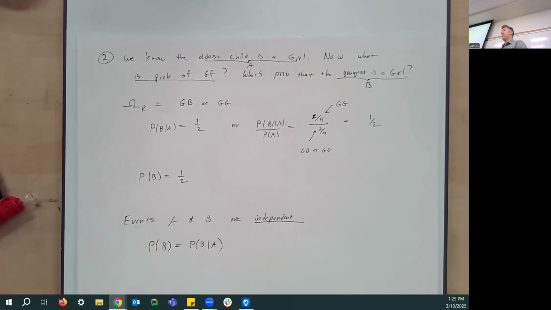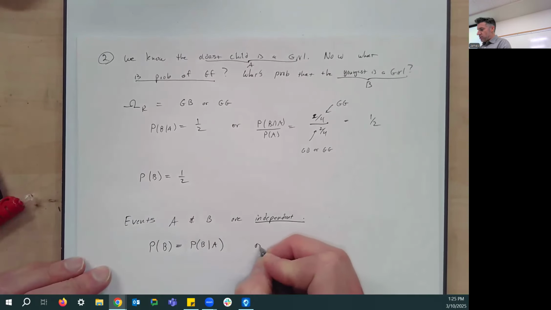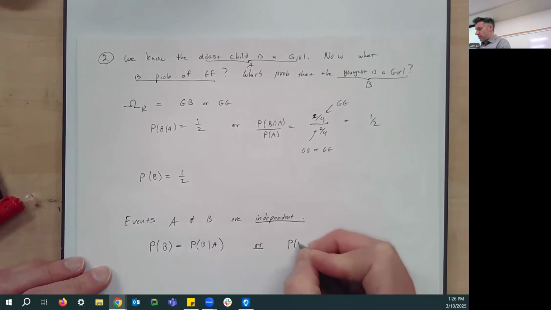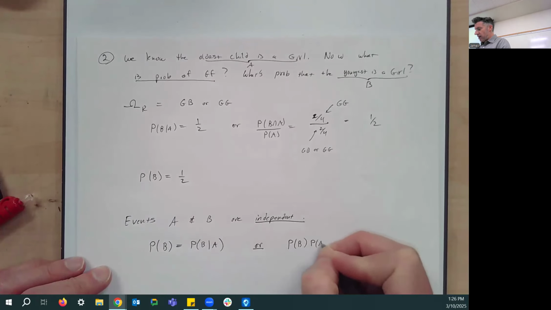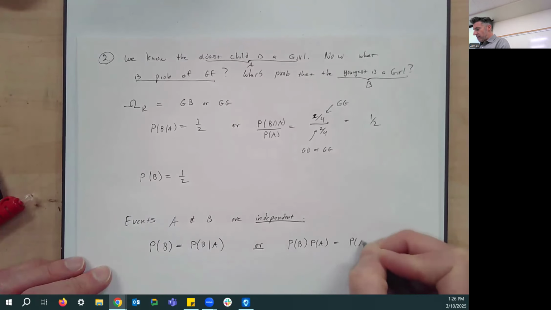This would always be the way I would prefer to think about showing 2 events are independent, that knowing that A happened didn't change the probability of B. Another way people write this, though, is that the probability of B times the probability of A is equal to the probability of the intersection.